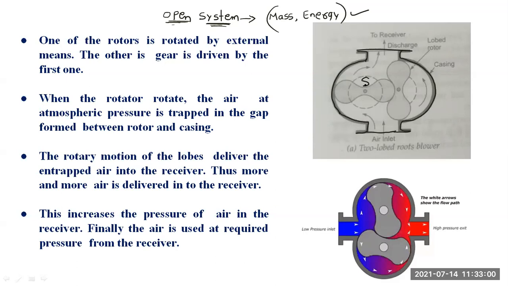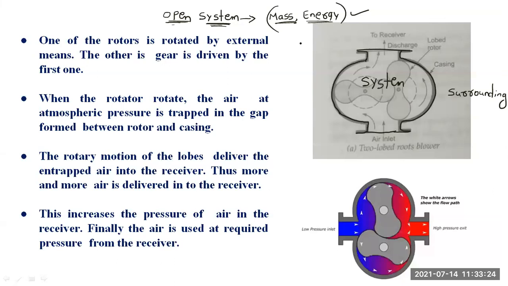Inside the boundary, whatever is present is the system, and outside the boundary, whatever is present is called the surroundings. Open system means both mass and energy transfer can take place between system and surroundings.